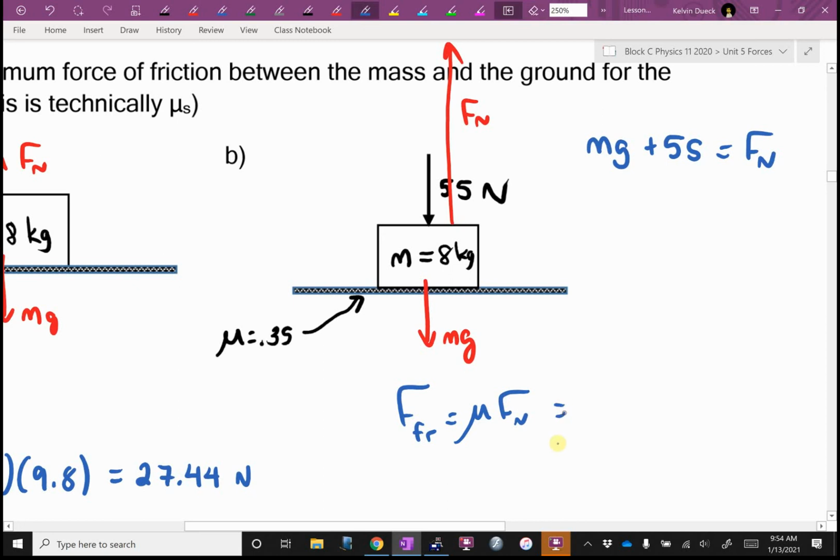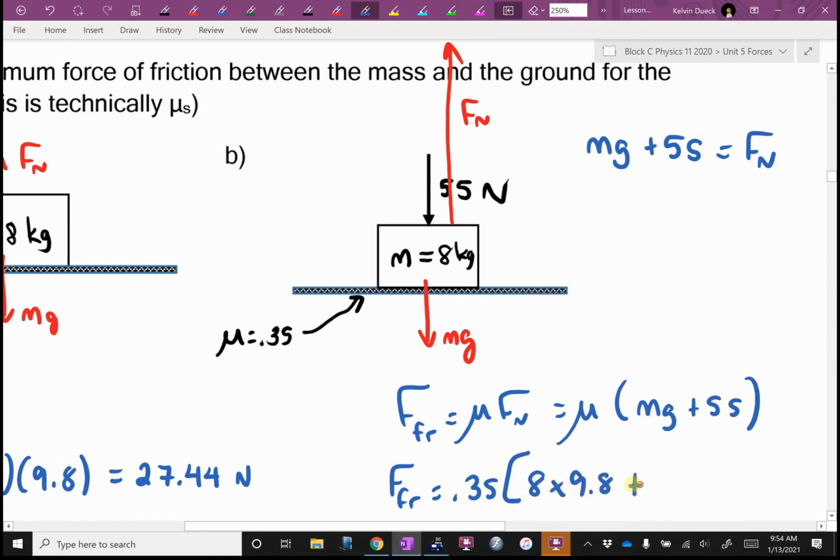What can I substitute into this equation with brackets? It's going to be mu bracket mg plus 55, close bracket, because it's mu times the whole normal force. Friction is going to be 0.35 bracket 8 times 9.8 plus 55.